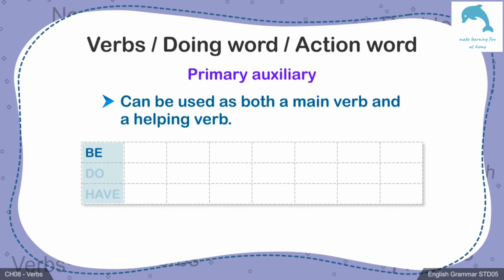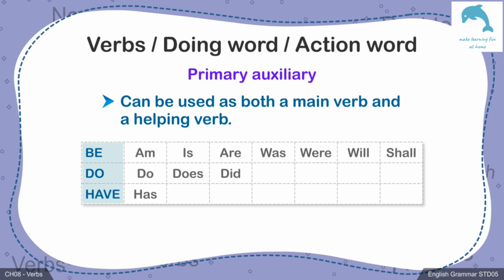Under be form, we have verbs like am, is, are, was, were, will, shall. Under the do category, we have do, does, did. Lastly, we have verbs like has, have, had under the category of have.